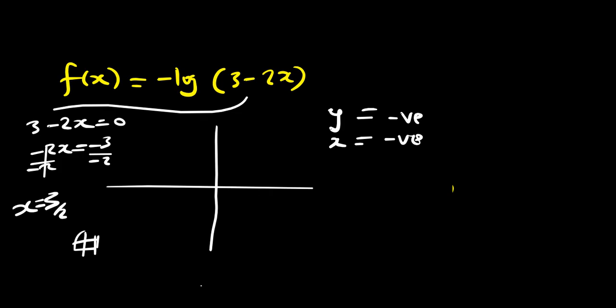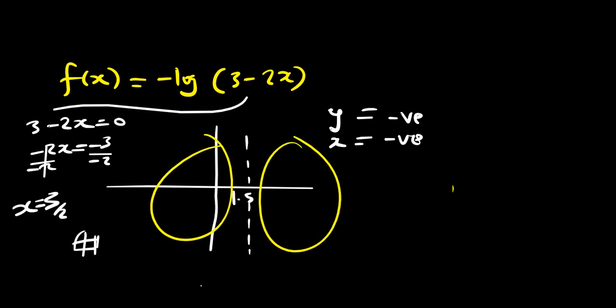So 3 over 2 is like 3 divided by 2, and when you divide, it is 1.5. So 1.5, let's say somewhere here. If that is our asymptote, it means we're not supposed to touch it. That's why I've shifted our graph. But now where it's going to fall, it's either in this region or in the other region.